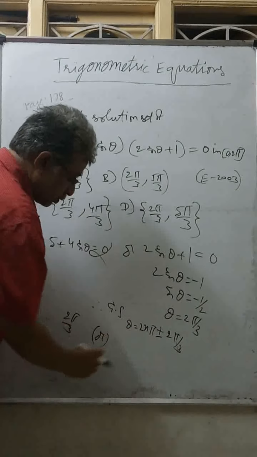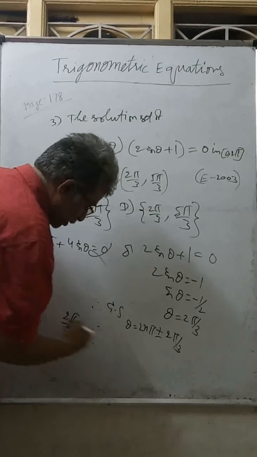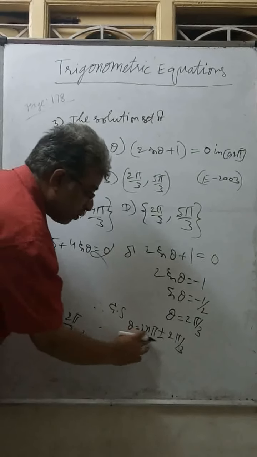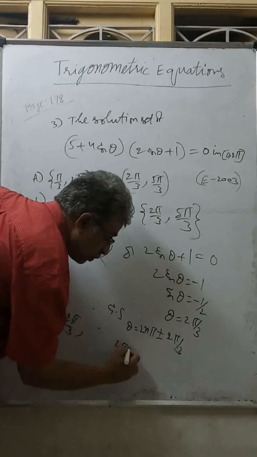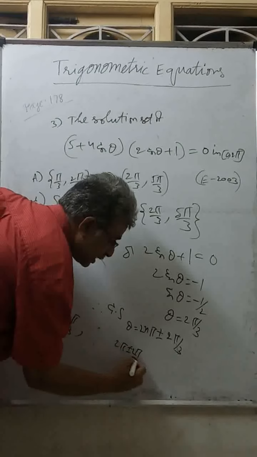If n equal to 0, I got 2 pi by 3. If n equal to 1, what do I get? 2 pi plus or minus 2 pi by 3.